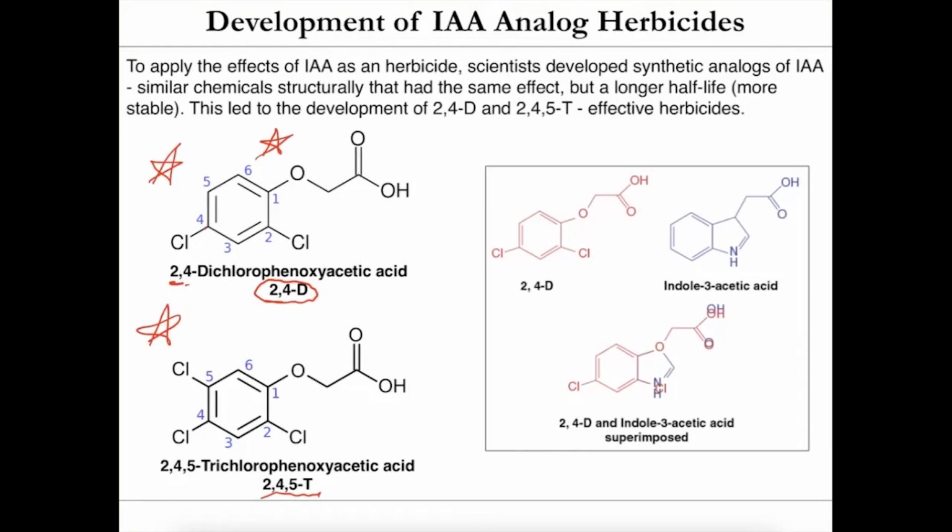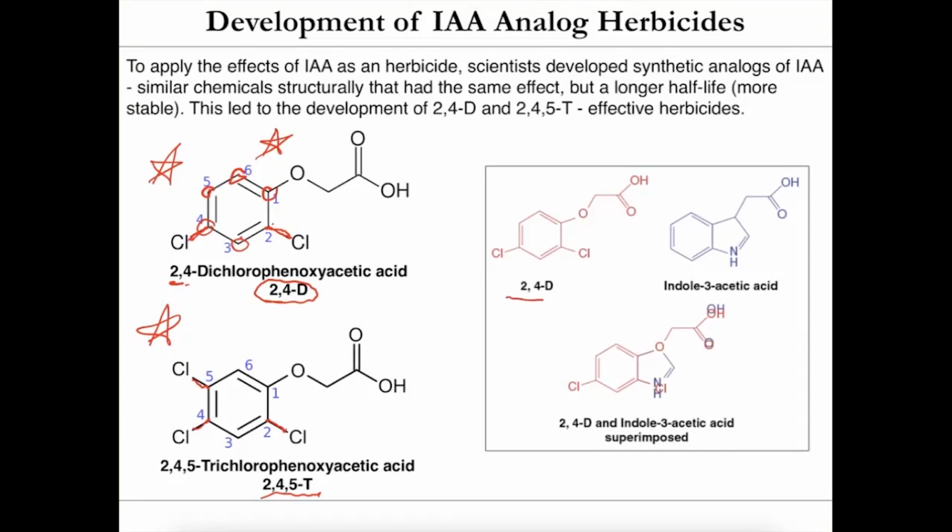You can see it has these two chlorine groups coming off of this ring. Each of these is a carbon. We'll go over that in the next lecture on how to interpret chemical structures. But you can see there's chlorine at the 2 position and the 4 position, whereas in 2,4,5-T, there's chlorine at the 2, 4, and 5 positions here.